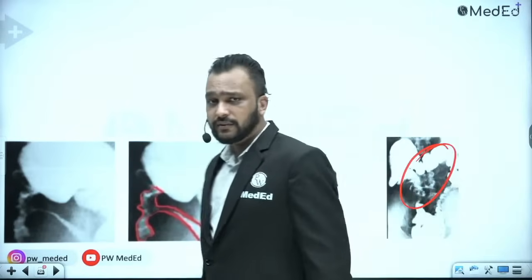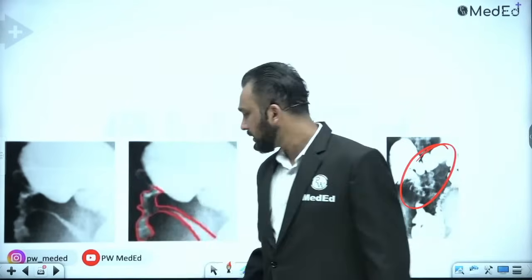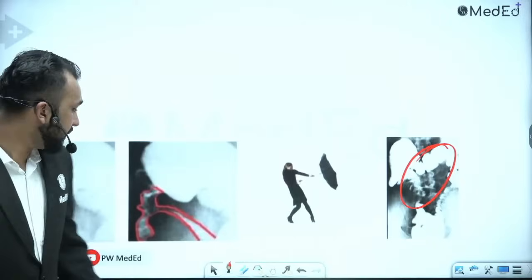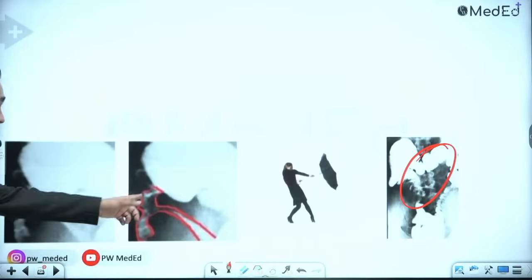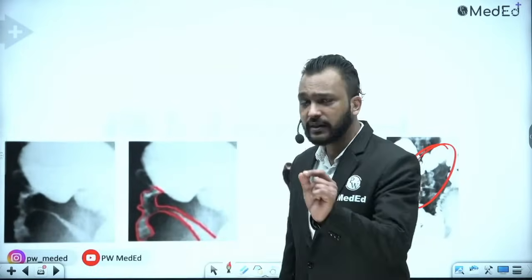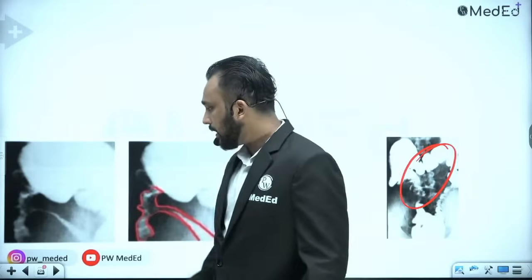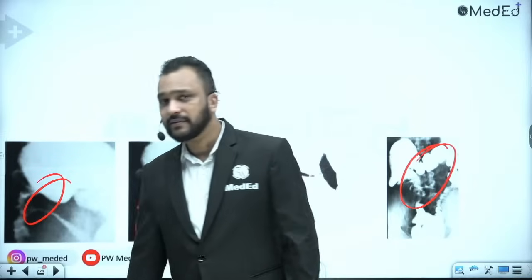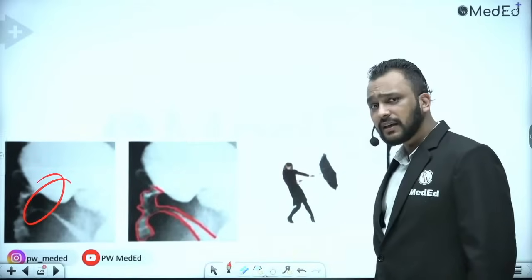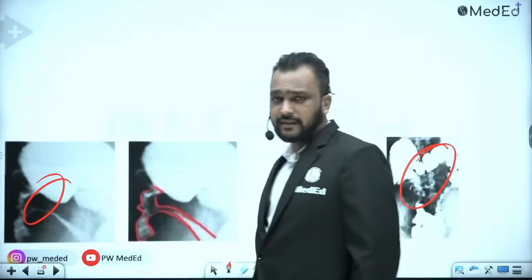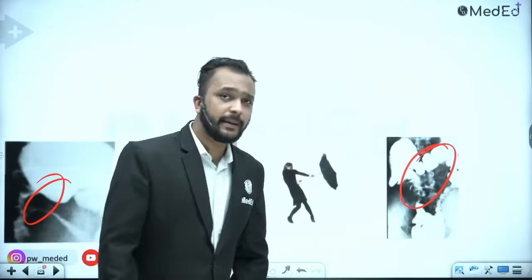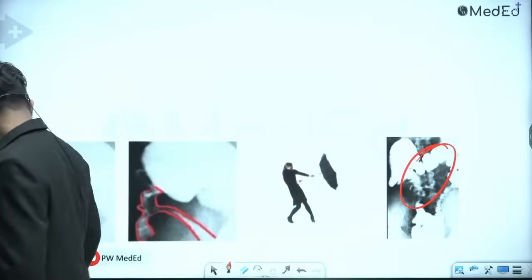Thickening of the ileocecal valve with gaping of the valves will give an inverted umbrella shaped appearance. This is known as Fleischner sign or inverted umbrella appearance. And string sign of Kantor will again be seen in these patients. And one more sign is Stierlin sign. What is Stierlin sign? Stierlin sign is rapid emptying of the barium, which will be seen in these patients.